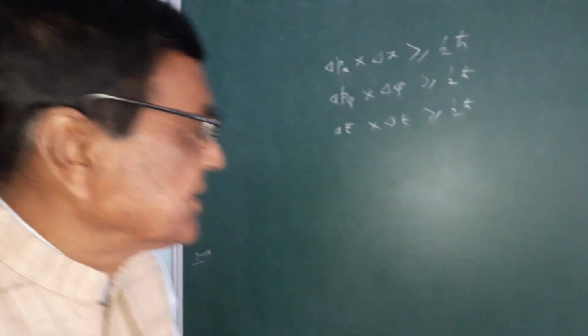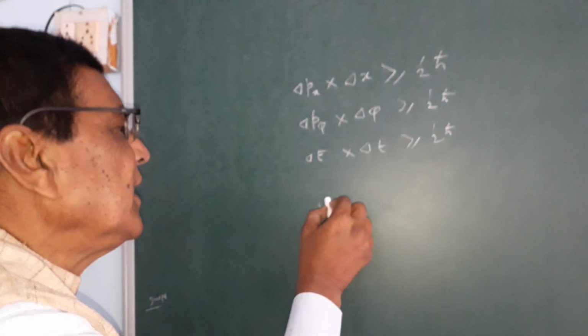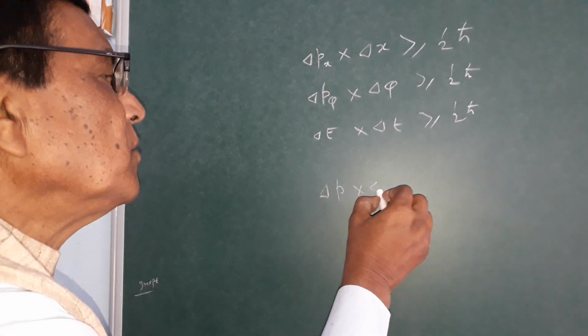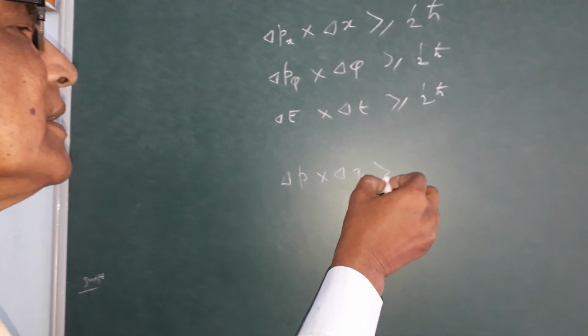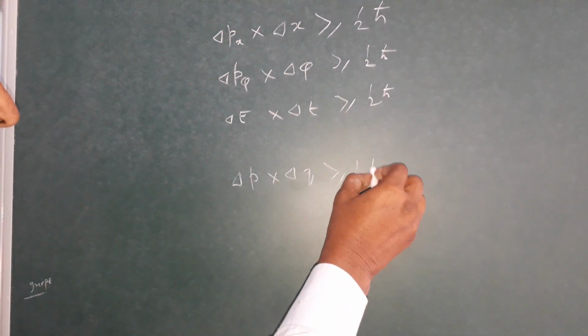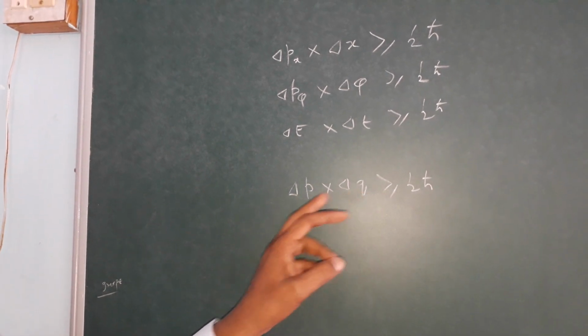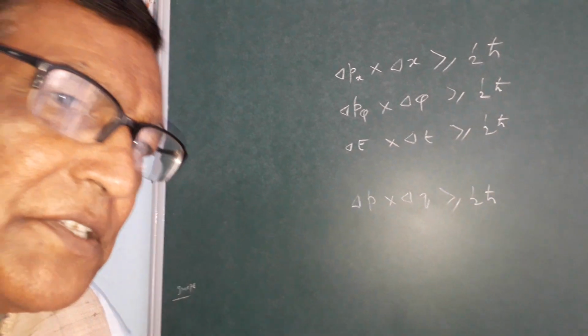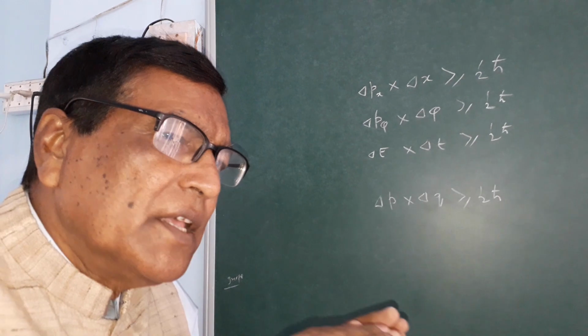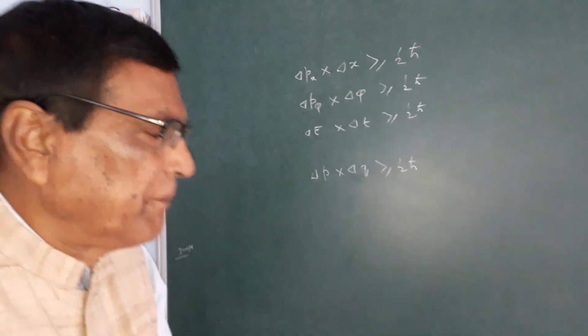In general, we can say del P into del Q is greater than or equal to half h cut, where Q and P are conjugate variables along the same direction, the same degree of freedom.